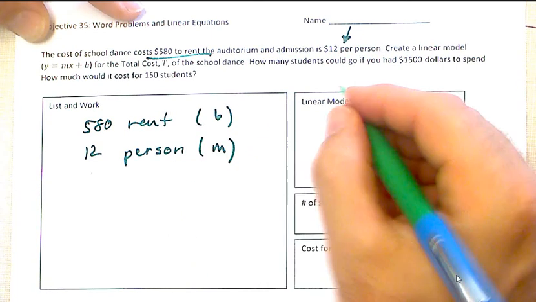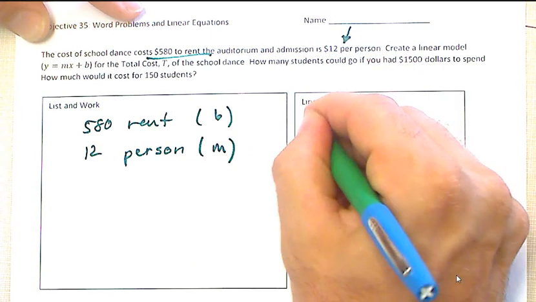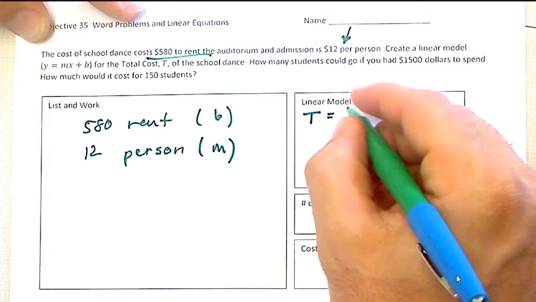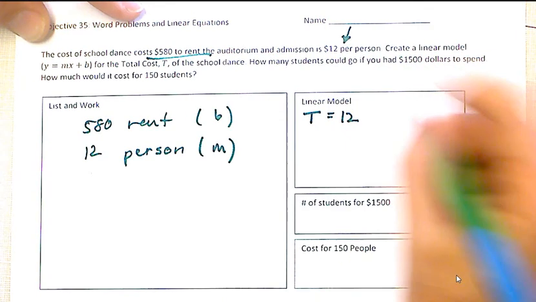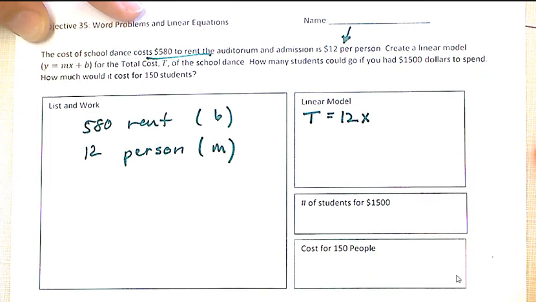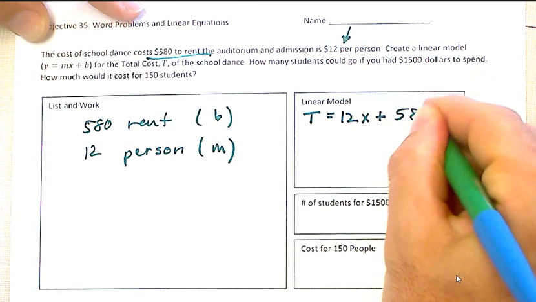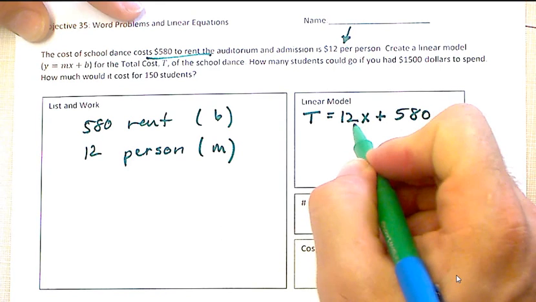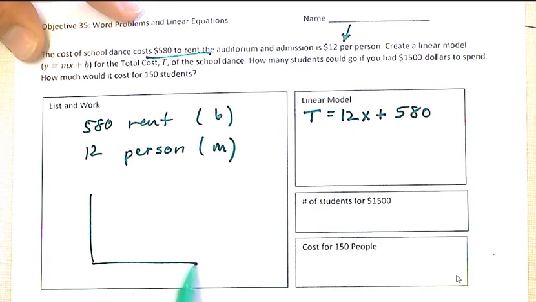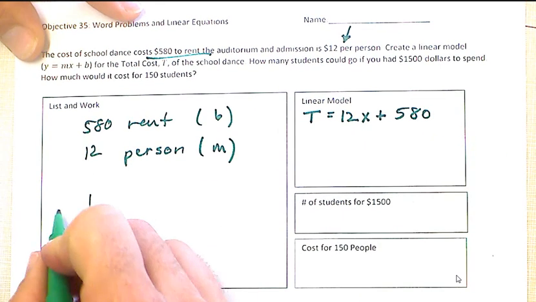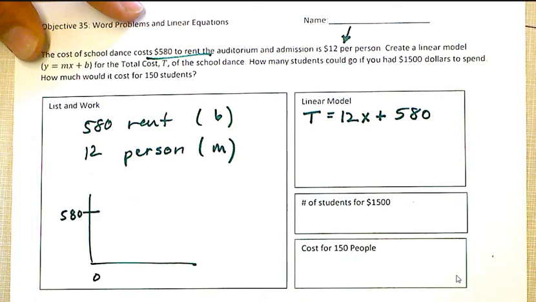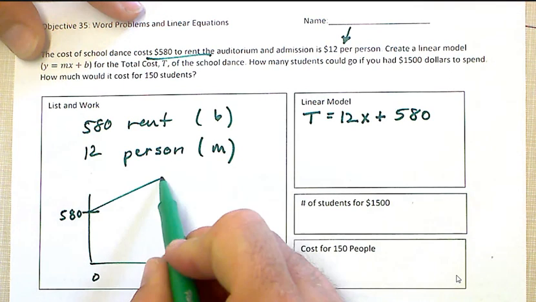The cost, T, will change as more people are added to the dance. But even if 0 people show up to the dance, it's still going to cost me $580 because I've rented that, let's say, auditorium, and then the price will go up from there.